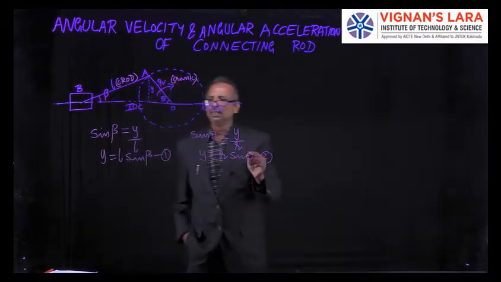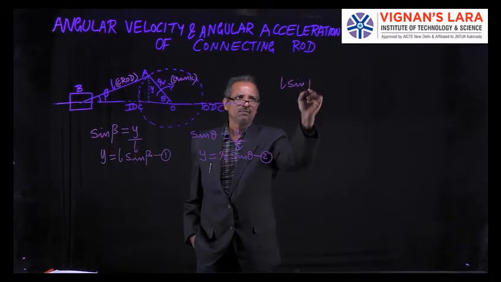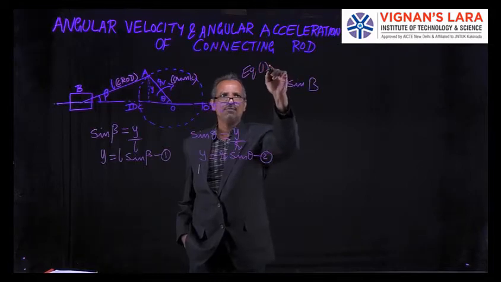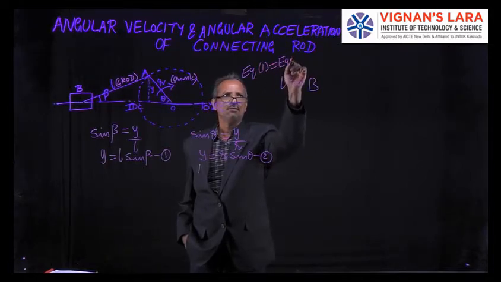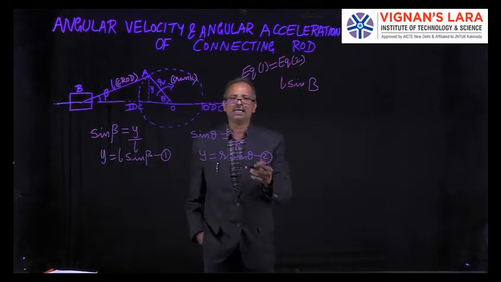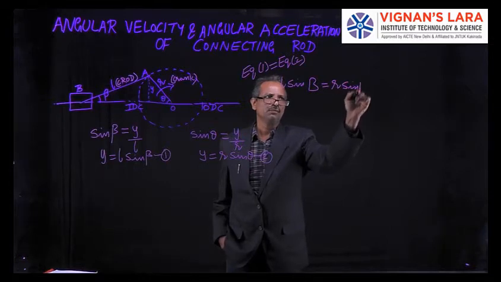So I can write L sin beta, that is equations 1 and 2 are the same, equating left hand sides, Y, then I can write L sin beta is equal to R sin theta.